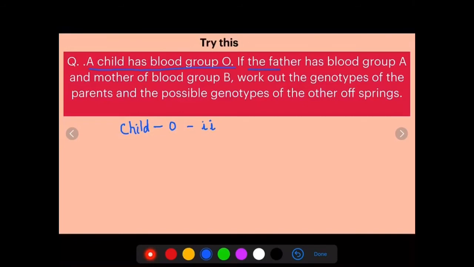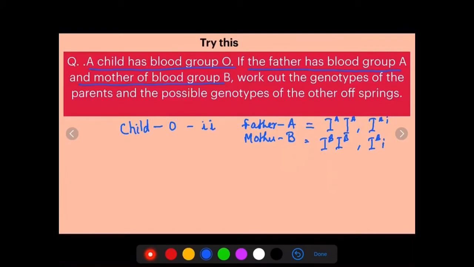Now the second part: the father has blood group A and the mother has blood group B. What will be the genotypes? They can be of two types, either capital IA, or IA and small i. The mother can have the genotype IB, or the other possibility IB small i.